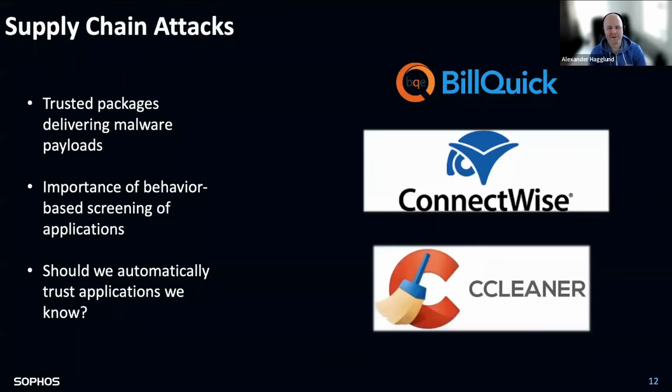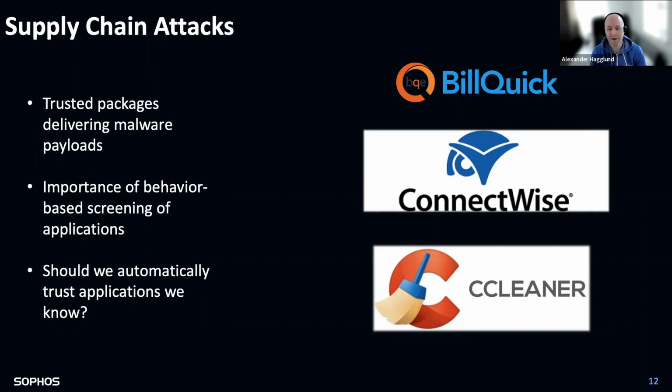All right. So again, the trend here is that a supplier delivers a trusted package, which is in fact a malware payload. We have seen a number of these attacks in the past, as we mentioned in the beginning. It's not just SolarWinds and Kaseya.